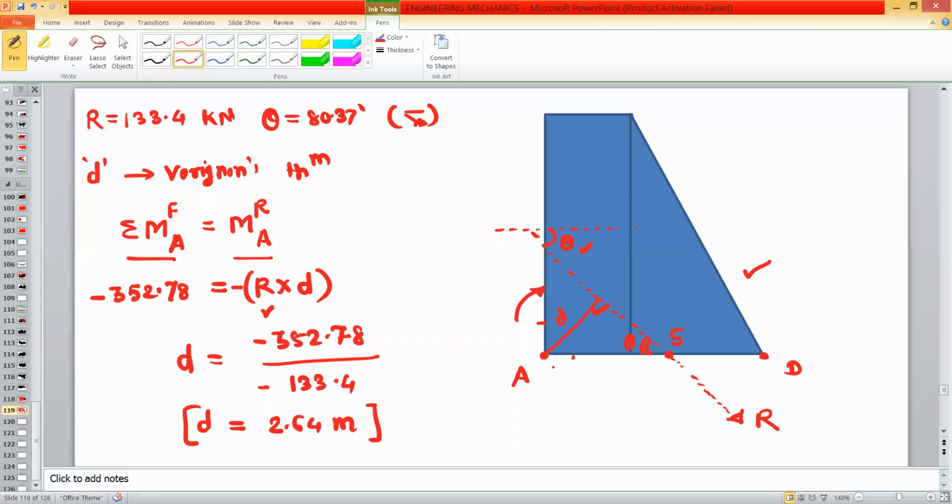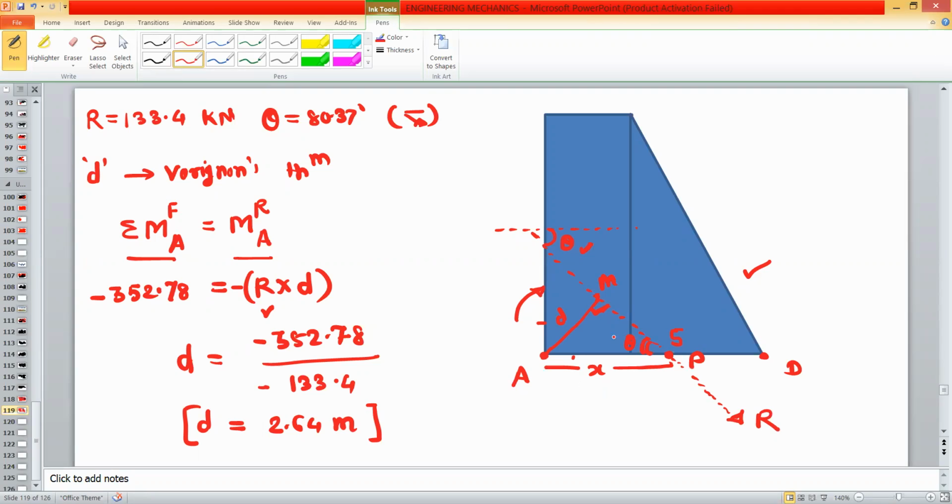Let us take this distance as x, that is the required distance. Consider this right angle triangle. Take this point as point M, take this point as P. In the triangle AMP, you can use trigonometry and get the value of x. We know D, we know theta. So how to find x? x is the diagonal.